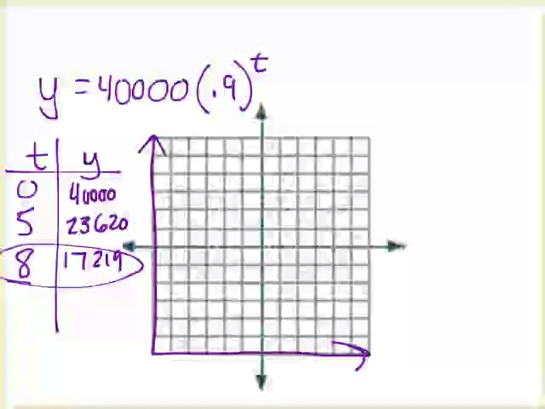And then we want to plot these points for our graph. I'm going to count by 4,000s to fit everything in this time. You get 40,000 on the axis, over 5 up to just below the 24, and over 8, 17.